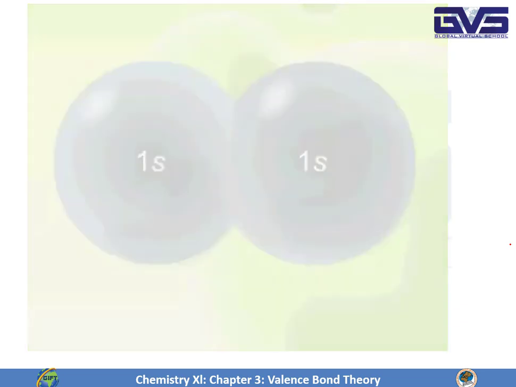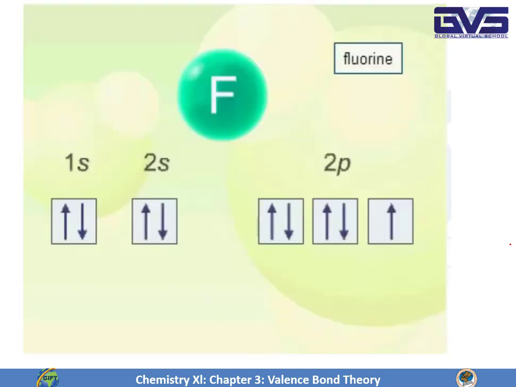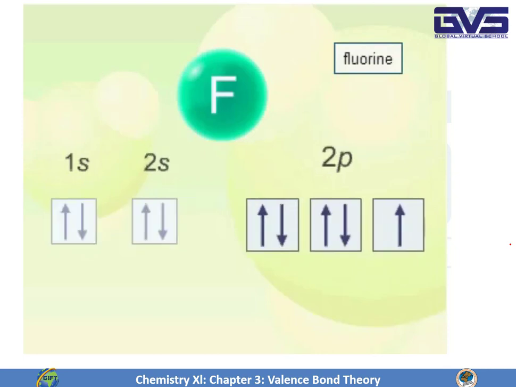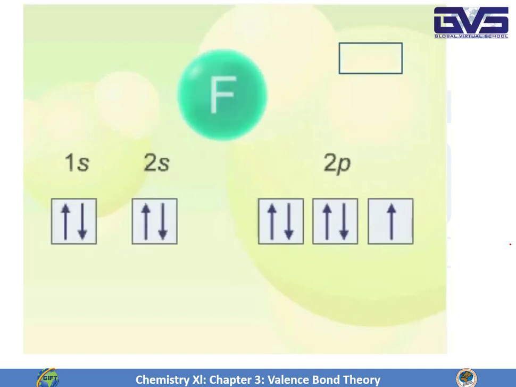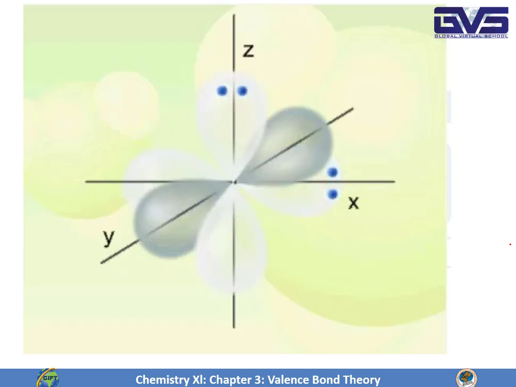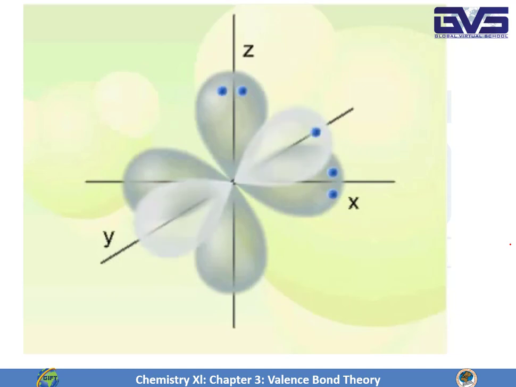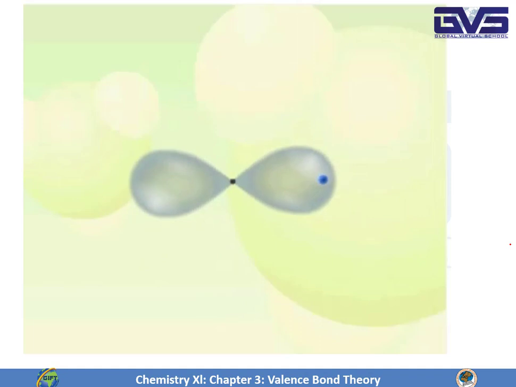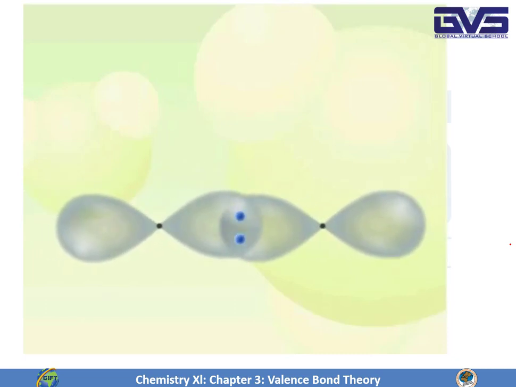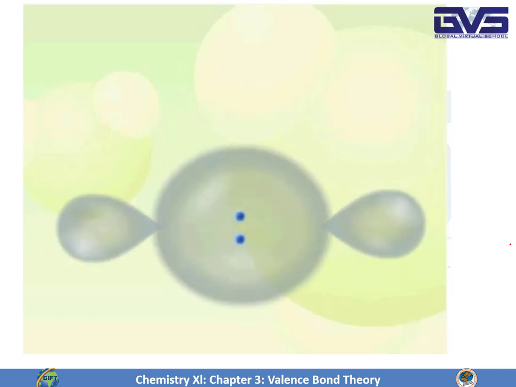Fluorine atoms have 7 electrons in the valence shell, 2 in the 2s and 5 in the 2p orbitals. The 5 2p electrons are distributed among the 3 p orbitals in such a way that 2 of the orbitals are filled with paired electrons, while the third one has a single electron. Only the last is available for forming the covalent bond by sharing its electron with another atom. Consequently, a covalent bond can be formed by the overlapping of singly occupied p orbitals.